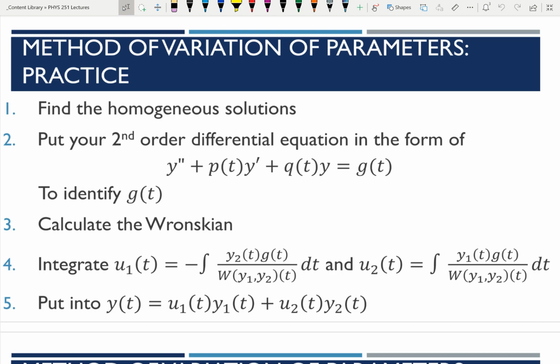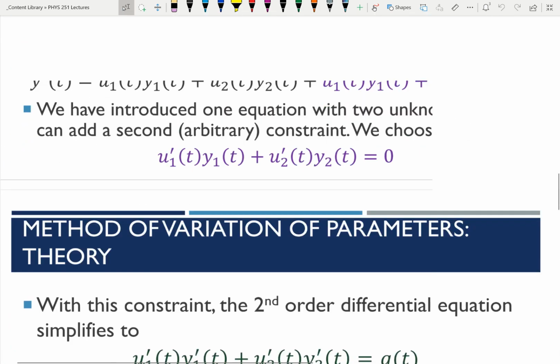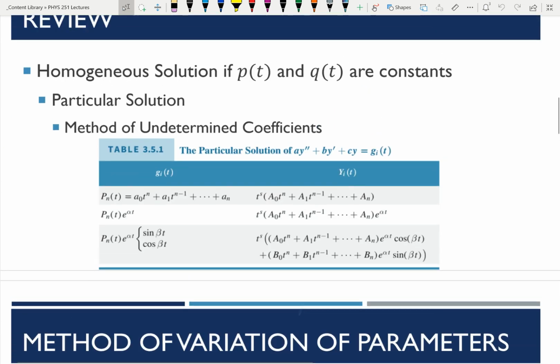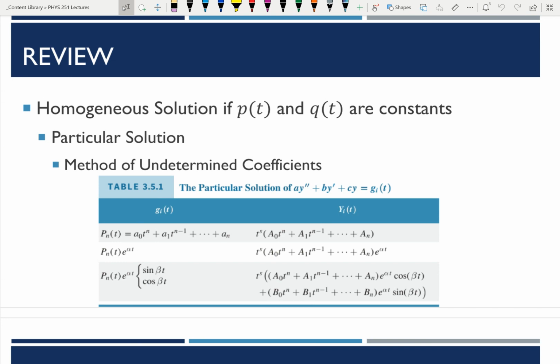If it's part of the homogeneous solution, then you can't use it? Not exactly. Here I have my review, and this is a table from the textbook.